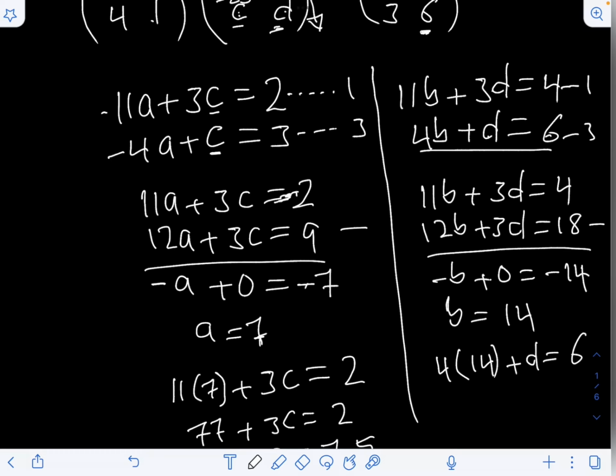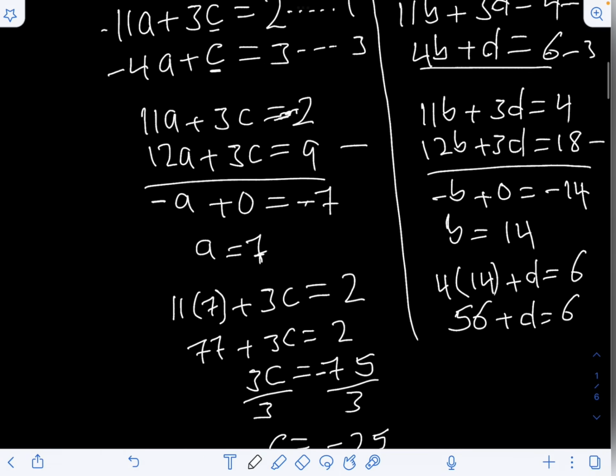So what's 4 times 14? It's 56. 56 plus D should give us 6. So that means our D is 6 minus 56. So our D here is negative 50.